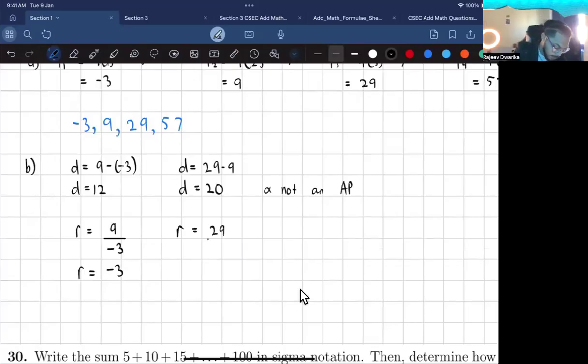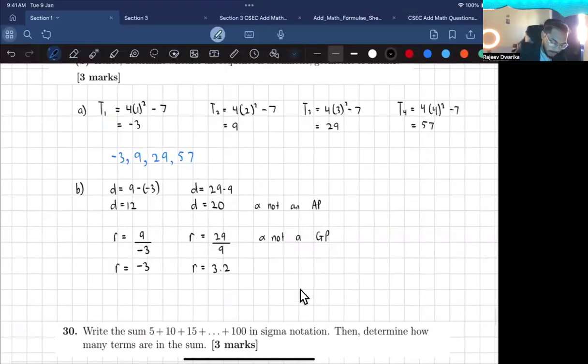If you divide 29 by 9, what are you going to get? 3.2 recurring. Are those two different? Yes, they are different. Right, so the correct answer is neither.